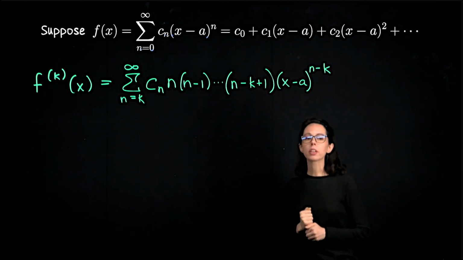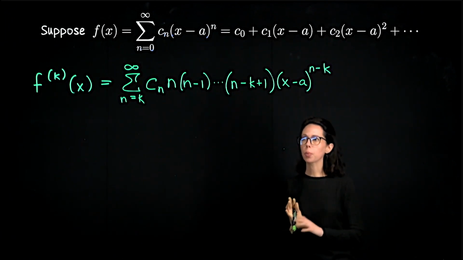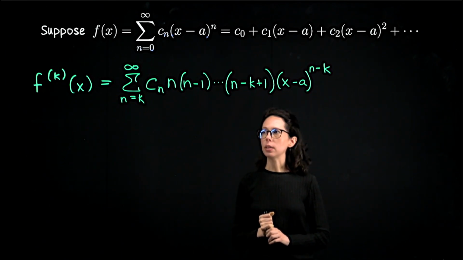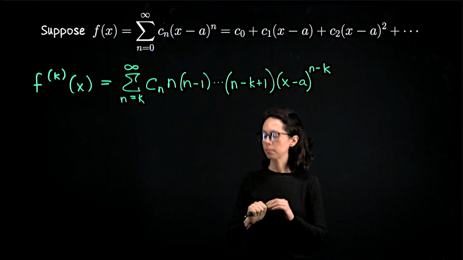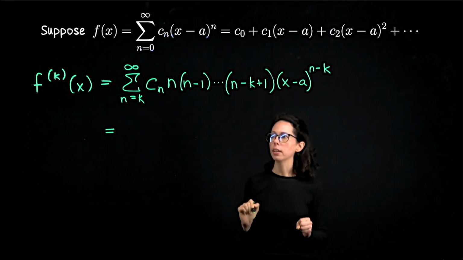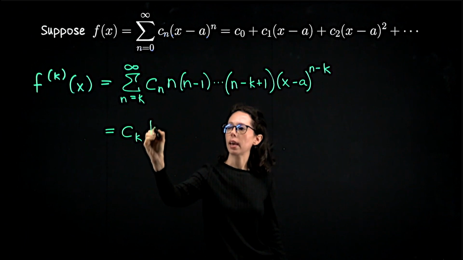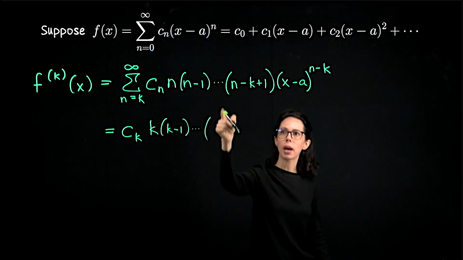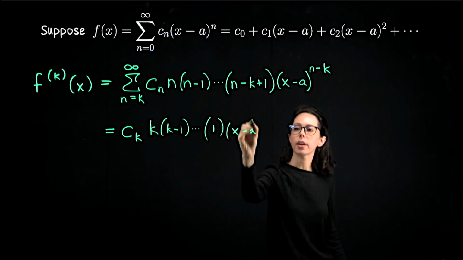Okay, this expression might look a little strange, but if you map it into what we did with f prime, f double prime, f triple prime, I hope you agree with this. Let's now see what the first term, maybe first 2 terms, look like if I actually write out this expansion. When I plug in the lower index of k, we get c sub k times k minus 1, all the way through k minus k plus 1, so all the way through 1, times x minus a to the 0.